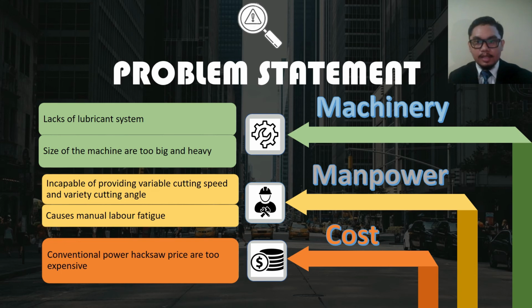This will impact the blade lifespan and also the machine. Lastly, for the machinery, the size of the machine is too big and heavy. This machine is not suitable for domestic users because of their limited space and the need to carry or change its place.